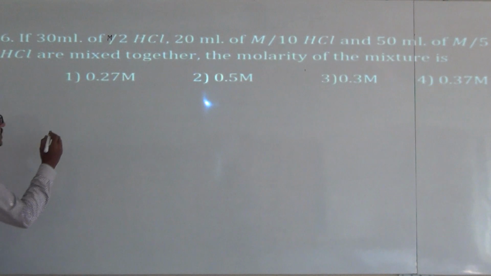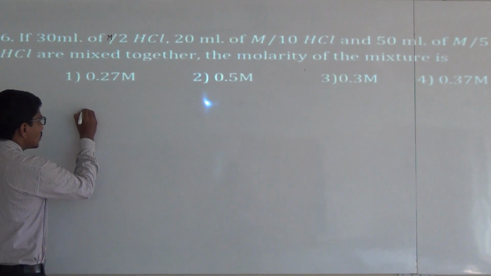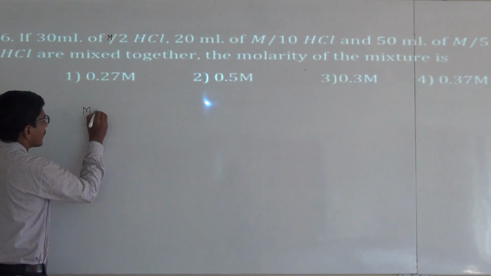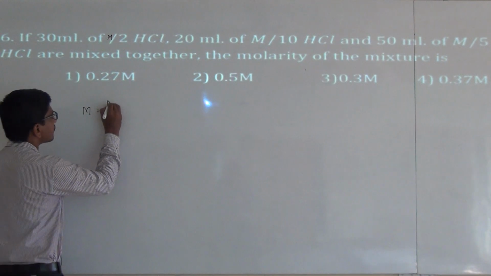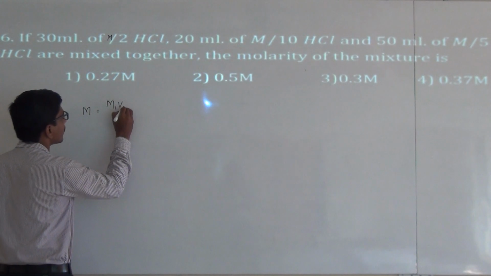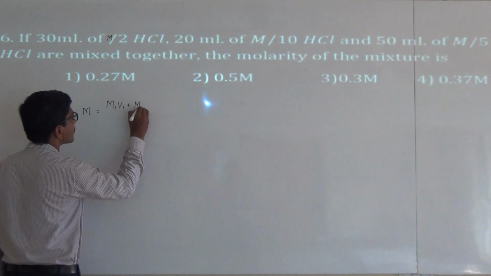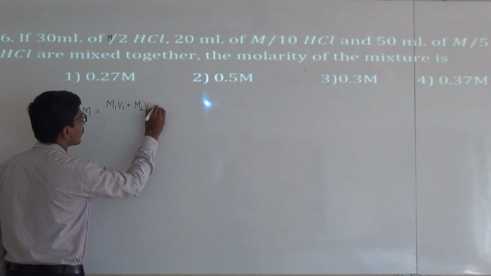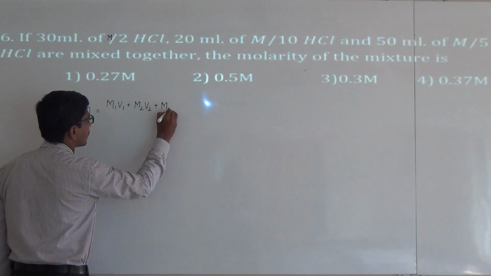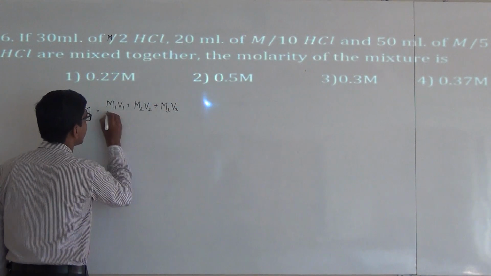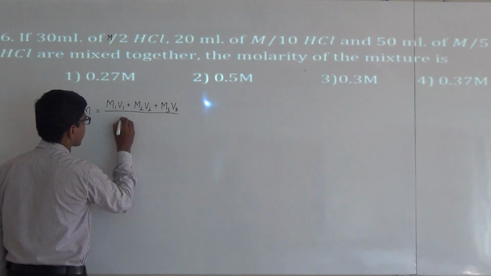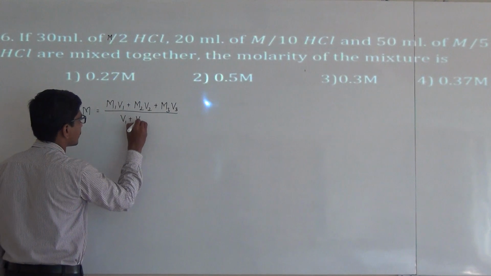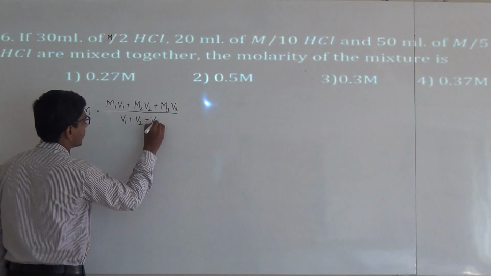The molarity of the mixture is calculated by using the formula M is equal to M1V1 plus M2V2 plus M3V3 divided by V1 plus V2 plus V3.